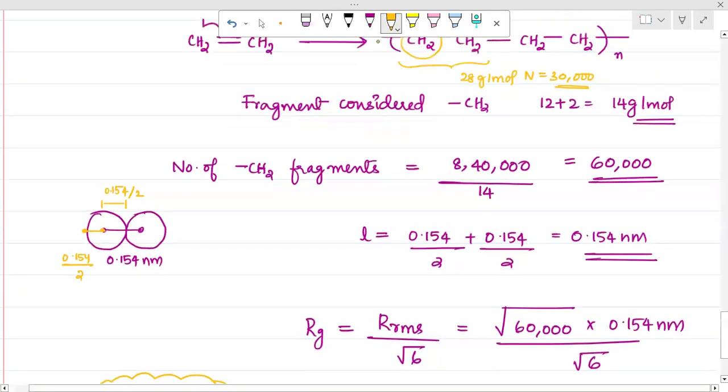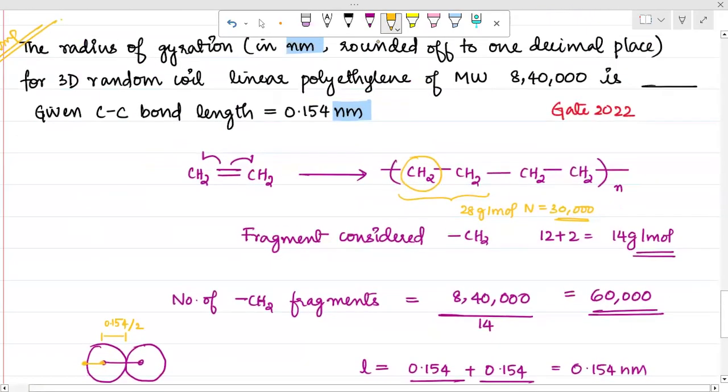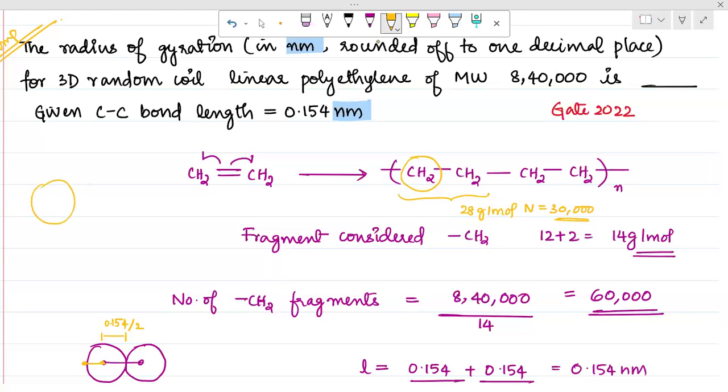Conventionally, let me tell you again that the monomer has to be taken with mass 28. Then N is going to be 30,000. And your monomer length, okay? This is CH2, this is also another CH2. So this is the total length. From this point to the next point, it is 0.154, correct?